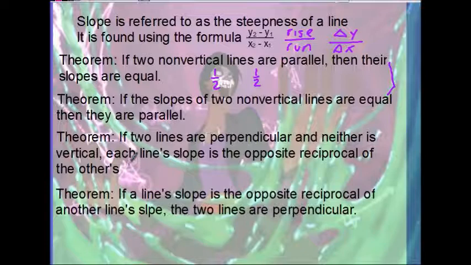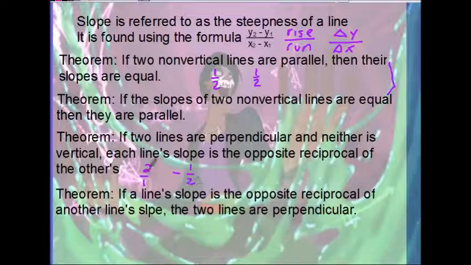For our next theorem, if two lines are perpendicular and neither is vertical, then each line's slope is the opposite reciprocal of each other. So if we know we have perpendicularity, and the slope of one is going to be 2 over 1, the slope of the other is going to be the opposite, so negative, the reciprocal, so flip-flop.